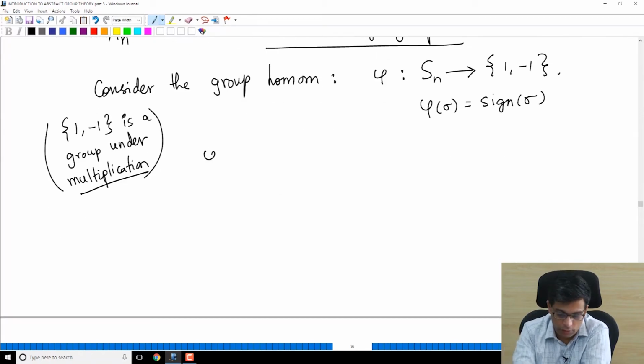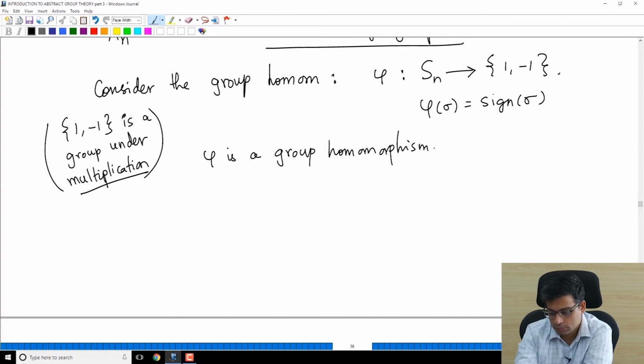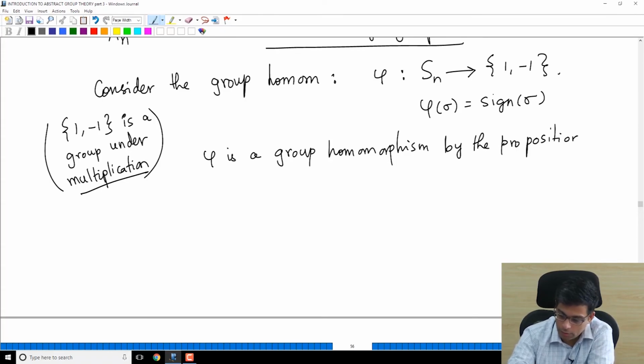So first of all, phi is a group homomorphism. This is because of the proposition that we just did above. Right?